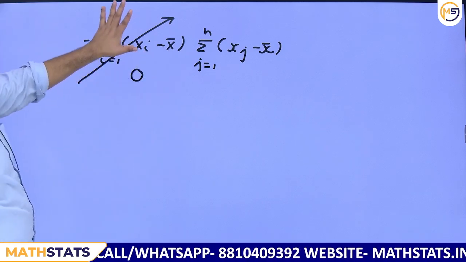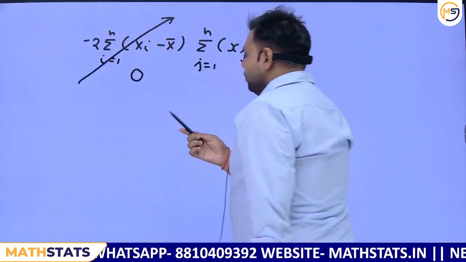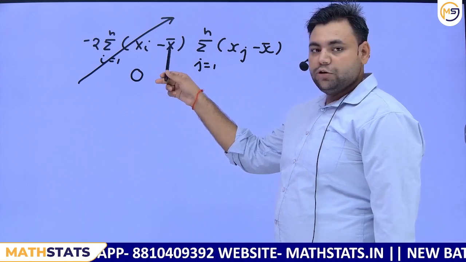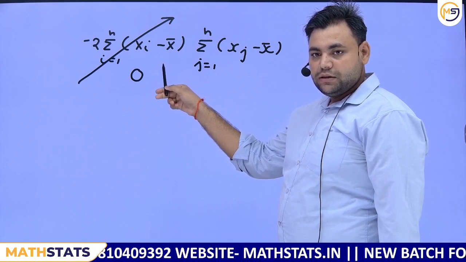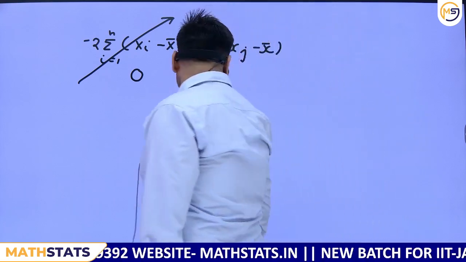So this quantity goes to 0. Why does this quantity go to 0? This quantity goes to 0 because the algebraic sum of deviations from the mean is zero.